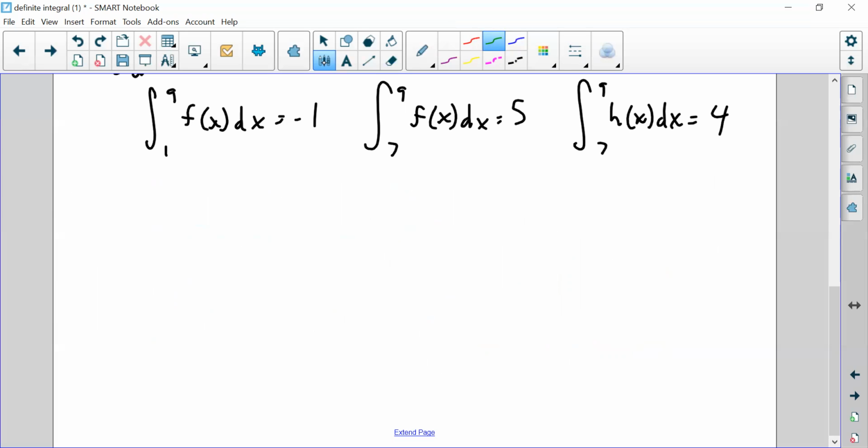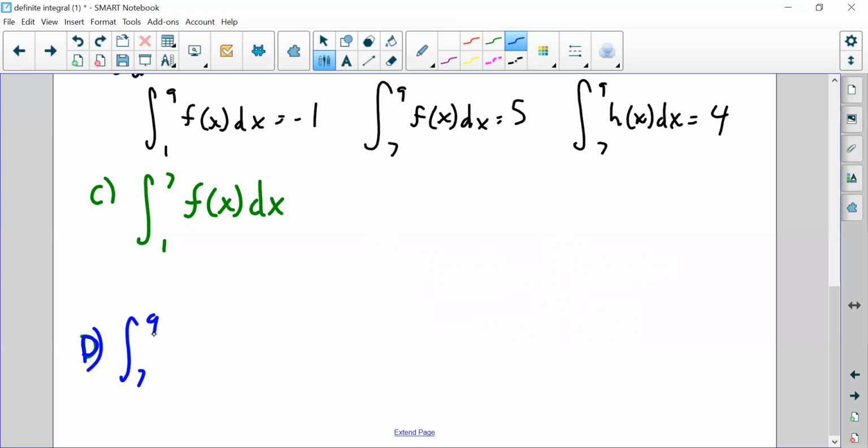All right, see if you can figure these out. And this is the one probably gonna answer your question: the integral from 1 to 7 of f of x dx. Try the integral from 7 to 9 of 2 f of x minus 3 h of x dx.